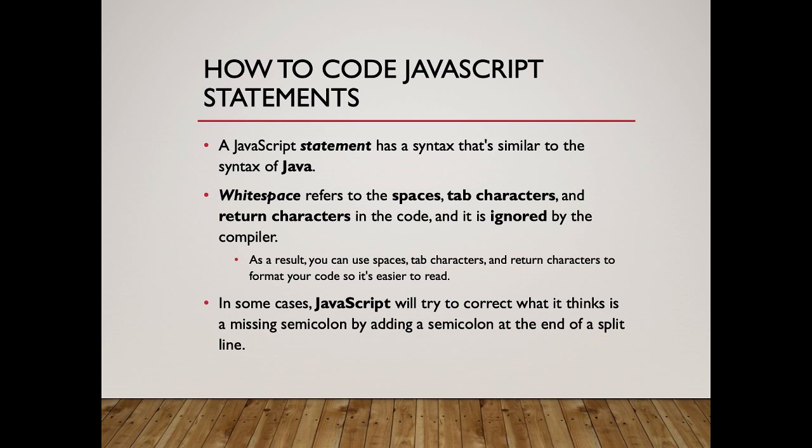As a result, you can use spaces, tabs, or return characters to format your code so that way it's easier to read. Because the main thing when it comes to writing code is, although these are instructions that the computer is able to process, if we put it all on one line, the computer can read it just as fine. Whereas we want to try to make our code readable, especially when we go out into the workplace, because we're not going to be the only ones that are working with our code.